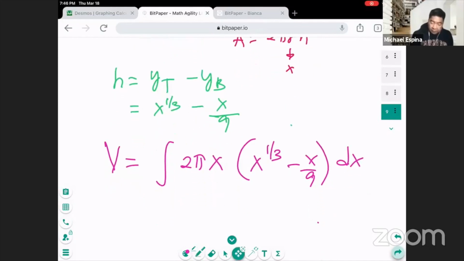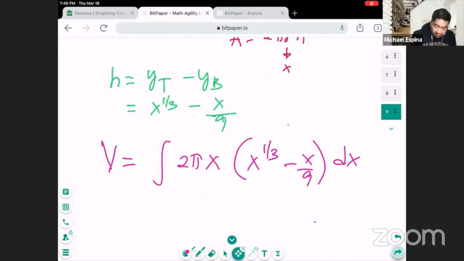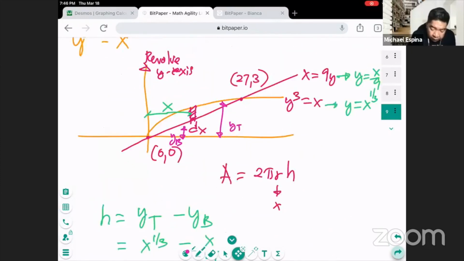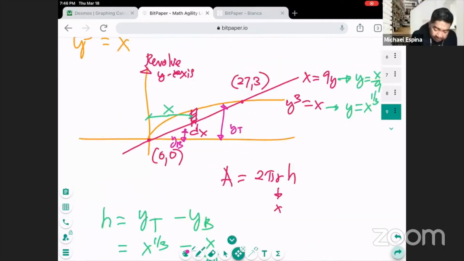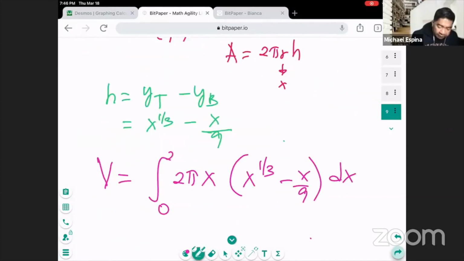So what is our limit? Our limit is from 0 up to 27, right? So 0 to 27.